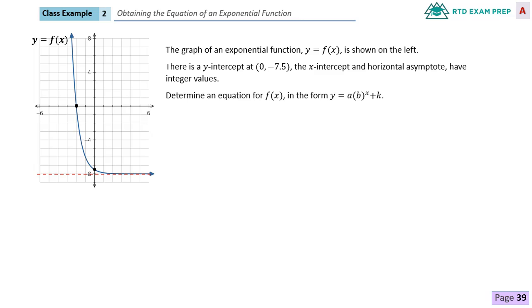Well, we're told there is a y-intercept at 0 and negative 7.5, and that the x-intercept and horizontal asymptote have integer values, so positive or negative counting numbers. This means that if we see that dot at approximately negative 2, 0, we can confirm that is actually at negative 2. And our horizontal asymptote, which appears to be at negative 8, is actually at negative 8. That's what that information is saying, have integer values.